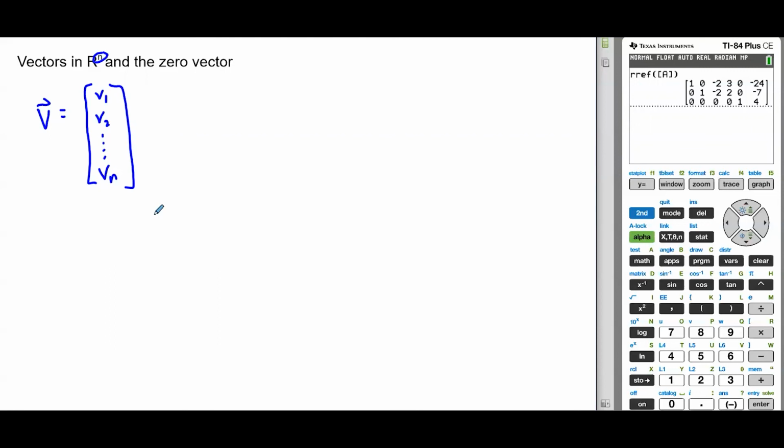How many entries does it have? The R just tells you that the entries are real numbers. So Rn is just a vector of size n with all real numbers as the entries. And the 0 vector is just a vector that contains all zeros. Okay, so we can write 0 with a vector sign. Sometimes we just write the number 0, and it's kind of understood that it's a vector if you're dealing with vectors.